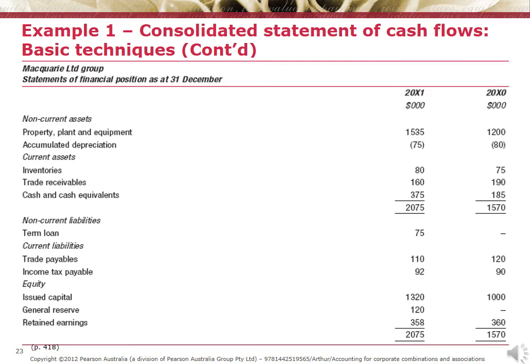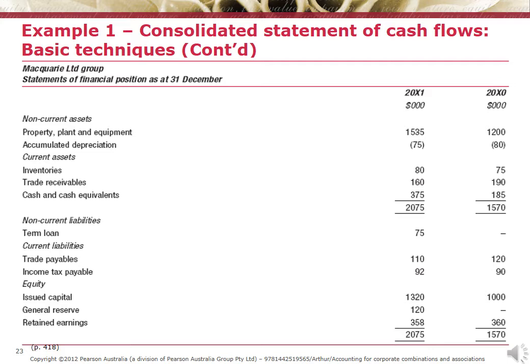That doesn't necessarily mean that there's been that amount of purchases of property, plant and equipment, because there could be outflows as well. So that's why we're going to need to do some ledger reconstruction with the property, plant and equipment and accumulated depreciation. We've also been given inventory, which has changed balance, same with accounts of trade receivables.